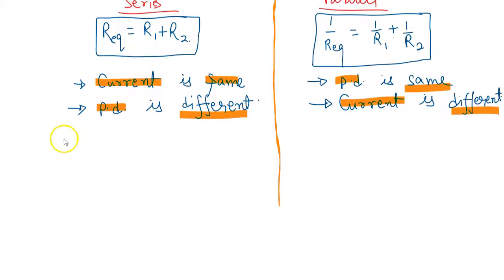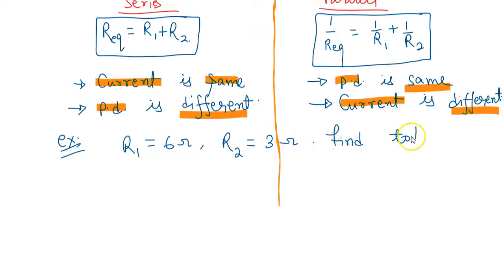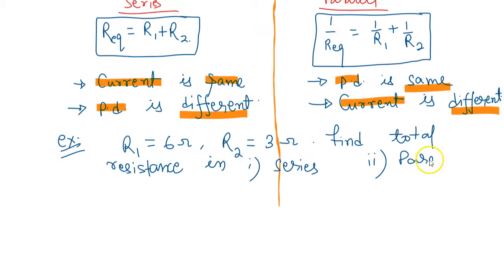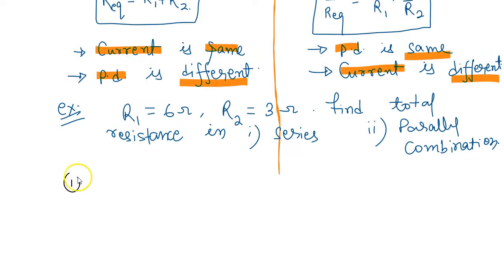Okay, so let us take an example. Let us say the two resistors, one resistance R1 is, let's say, 6 ohm, another resistance R2 is 3 ohm. The question is to find the total resistance in number 1 series combination and number 2 parallel combination. Okay, so here in series combination we'll directly use the formula.